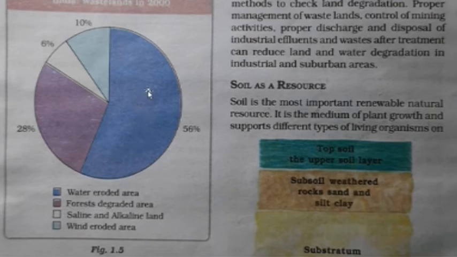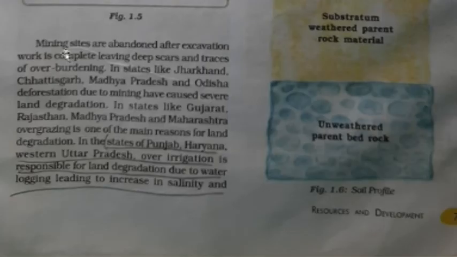Water eroded areas are 56%, which is the highest percentage. Then forest degraded areas, saline and alkaline land, and wind eroded areas. So this is the wasteland during the year 2000.